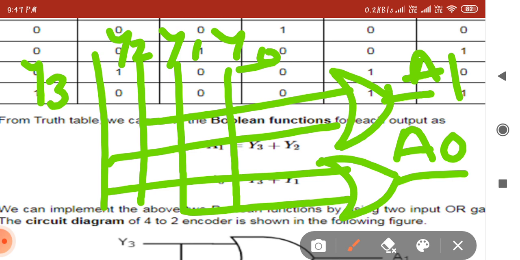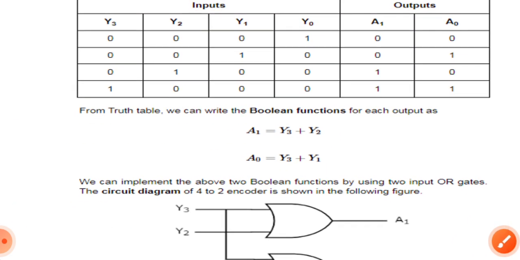This is the way to draw the circuit diagram of the encoder.